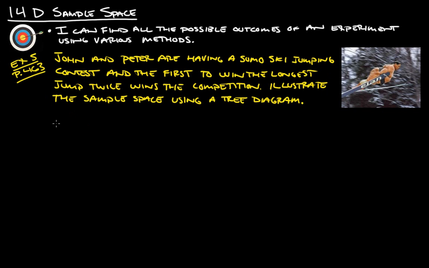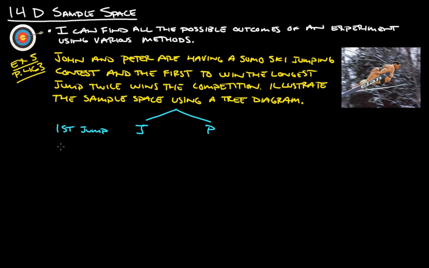Okay, so let's do the first jump. We can get two possible outcomes from the first jump. So we can get two winners. Let's make this nice and wide because we're going to have to make the tree diagram go farther down. So on the first jump, either John can win or Peter can win.